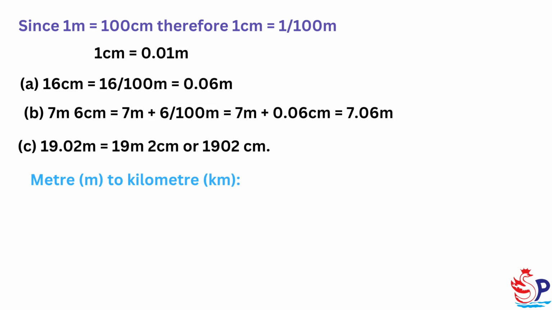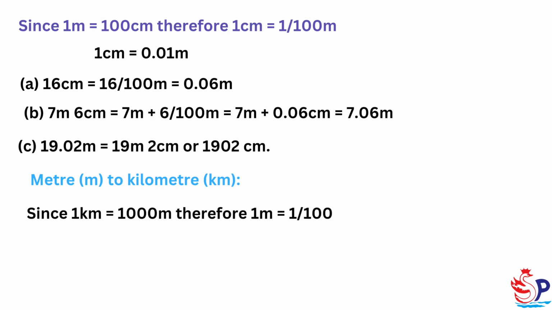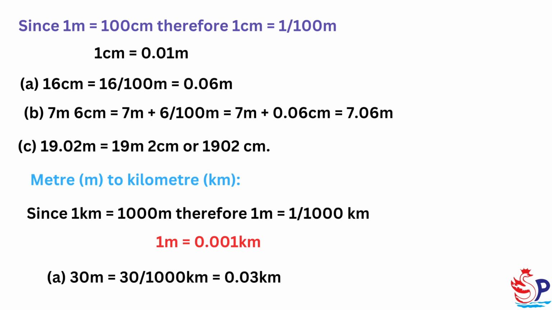Meter, m, to kilometer, km. Since 1 kilometer equals 1,000 meters, therefore 1 meter equals 1/1000th of a kilometer. 1 meter equals 0.001 kilometers. A. 30 meters equals 30 divided by 1,000 kilometers equals 0.03 kilometers.